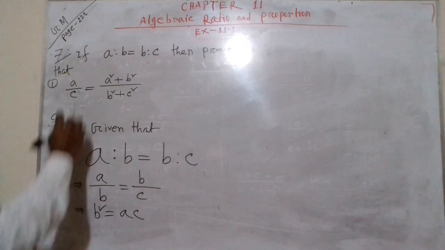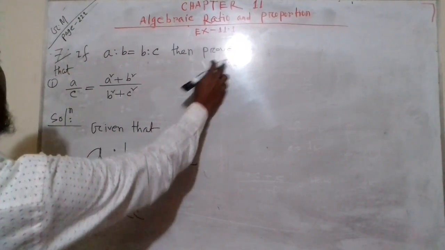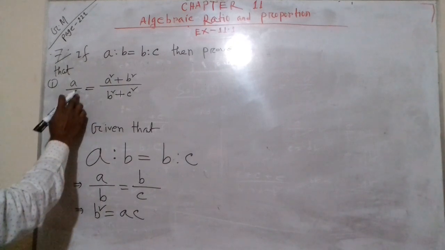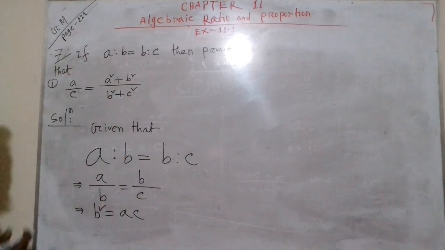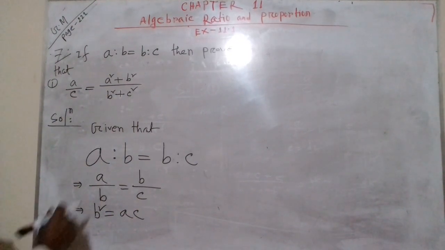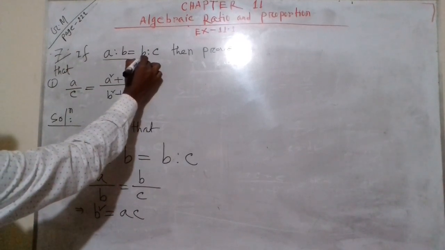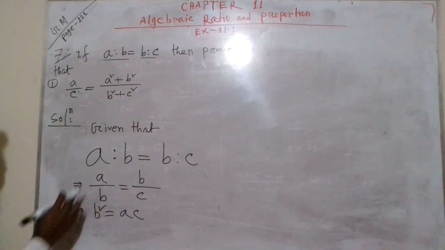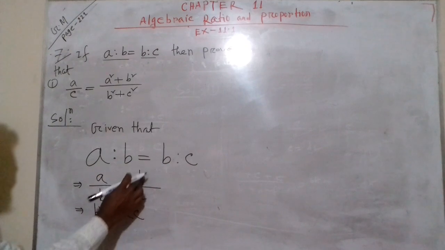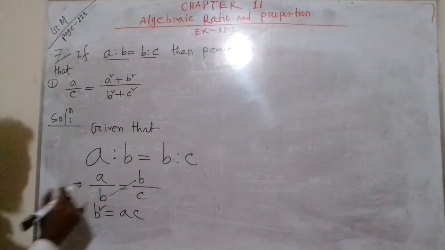Problem number 7. If A is to B equal to B is to C, then prove that number 1, A by C equal to A square plus B square divided by B square plus C square. Now let's see the solution. Given that A is to B equal to B is to C, now we can write A by B equal to B by C, then cross multiply: B square equal to AC.